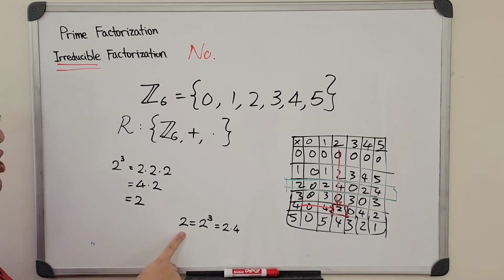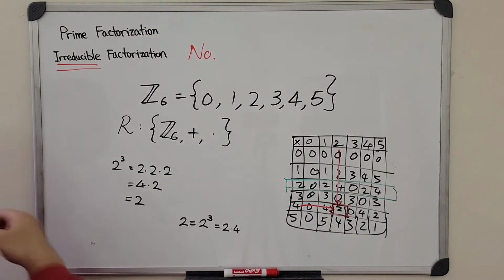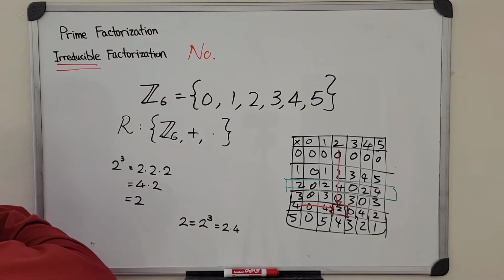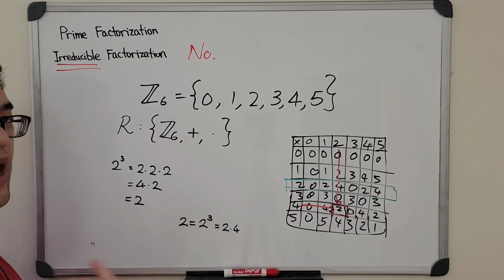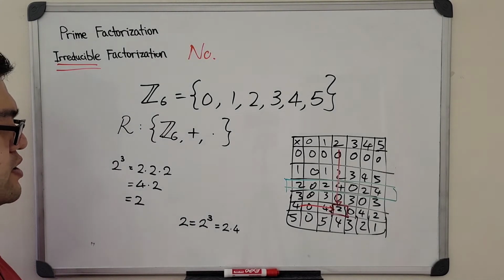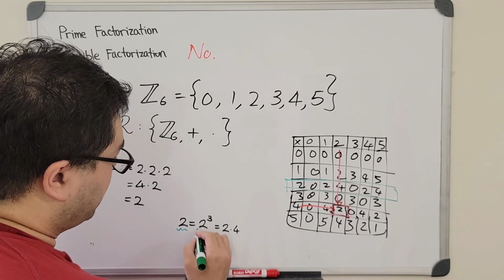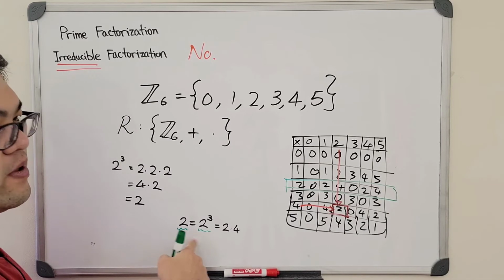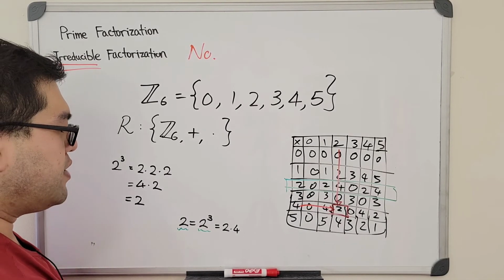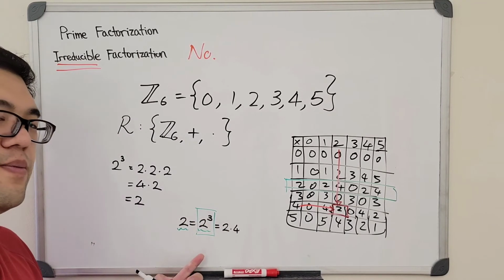Even though 2 is a prime number, it is not irreducible. And in fact, it is no longer unique because we can rewrite 2 as 2 to some higher power in this case. And again, as 2 is a prime number, both ways are considered prime factorization because all the factors in the expressions are prime.